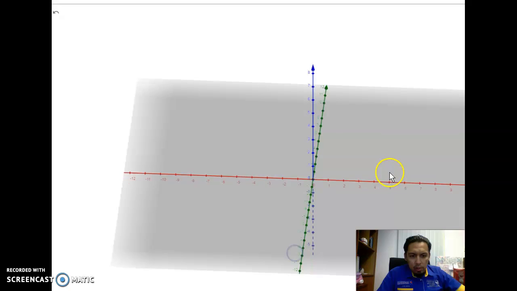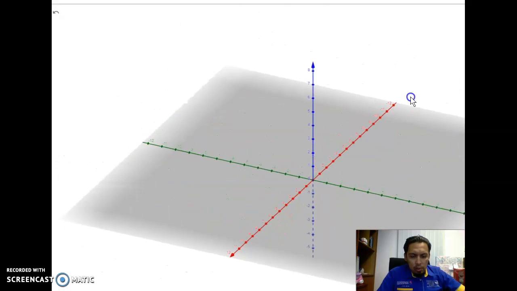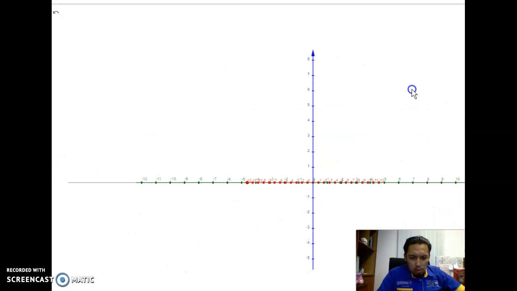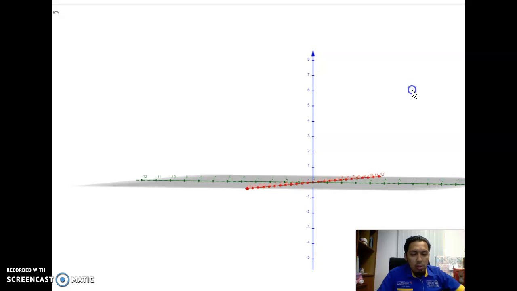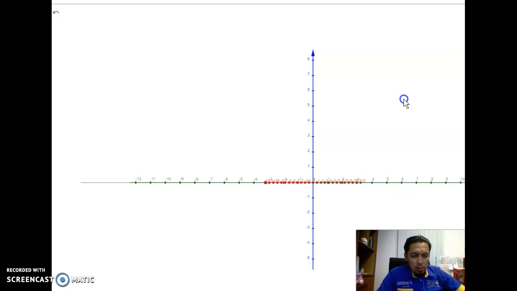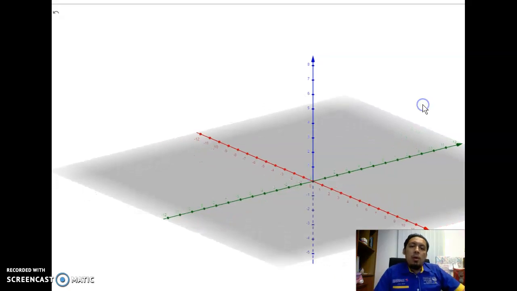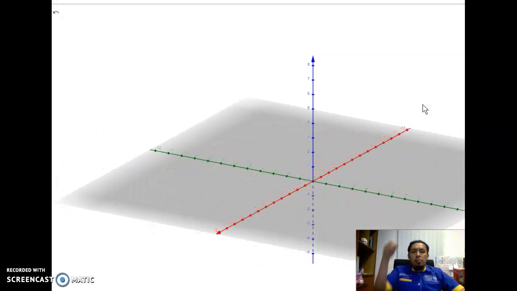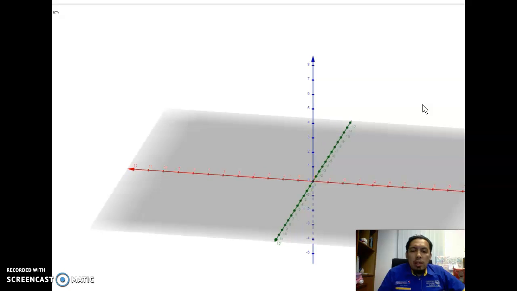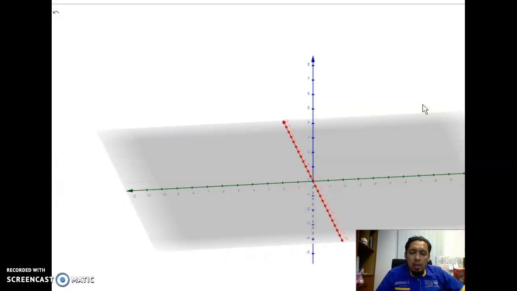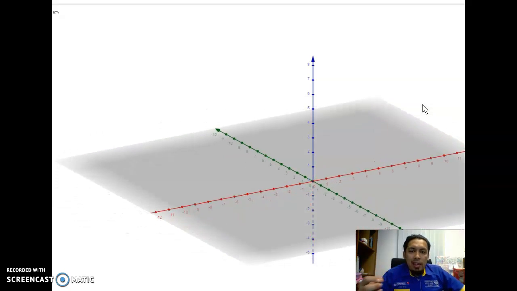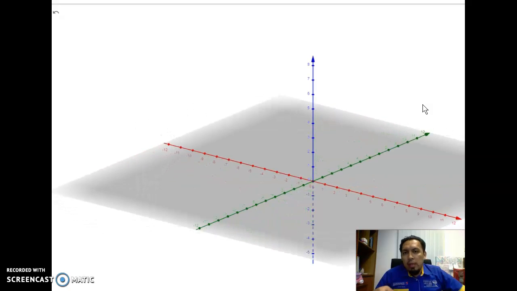And if you try to tilt it like this, you will never see the plane if you look at it sideways like that, but if you tilt it, you will see the plane. Okay, now let's take an example. What does it mean by finding an equation of a plane?